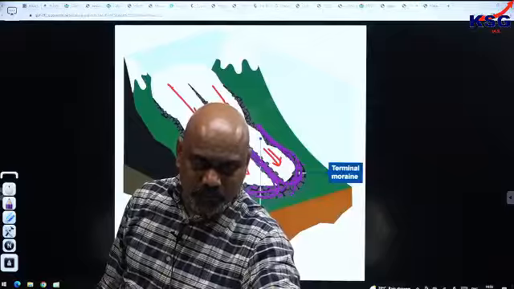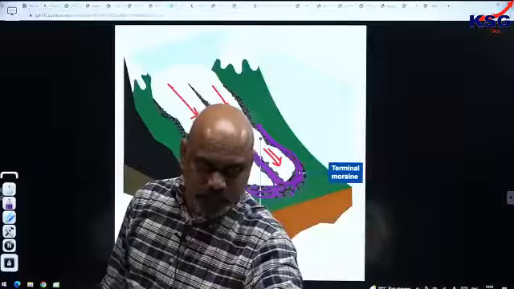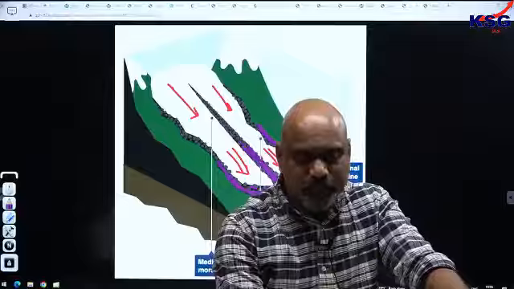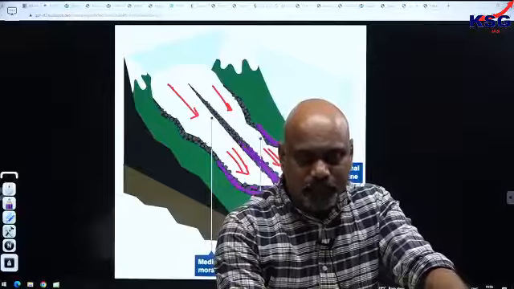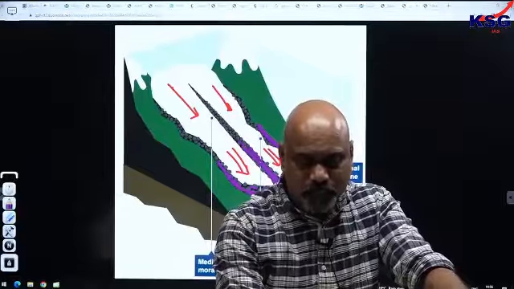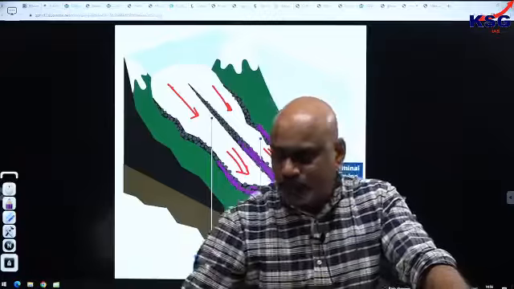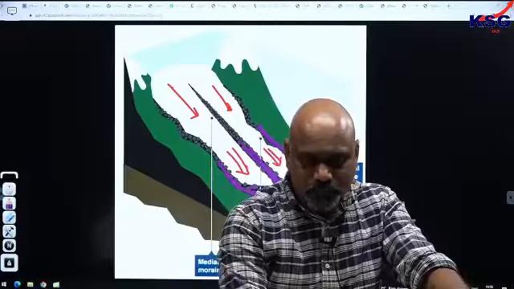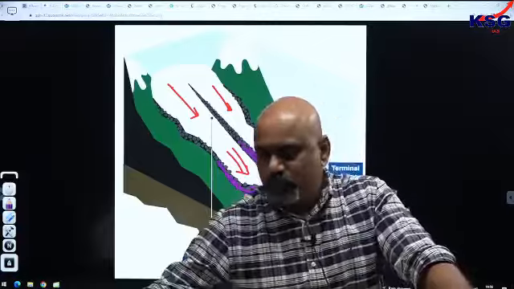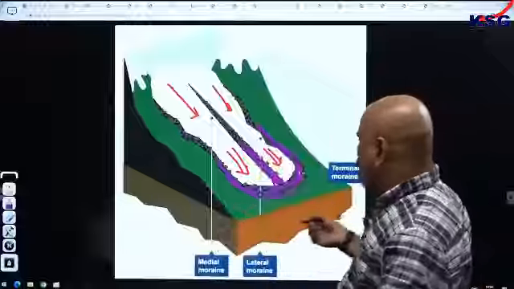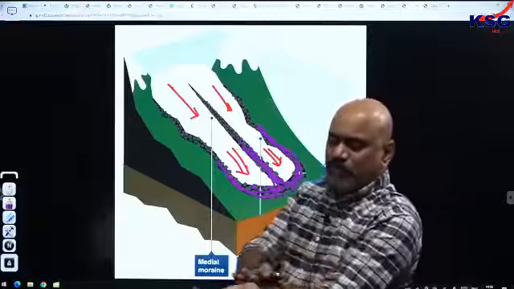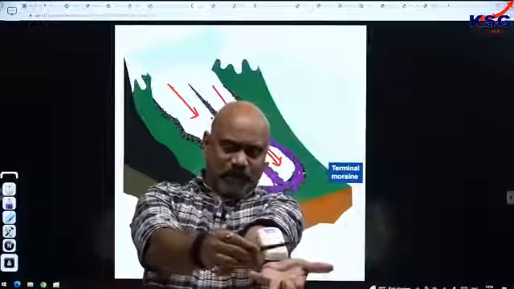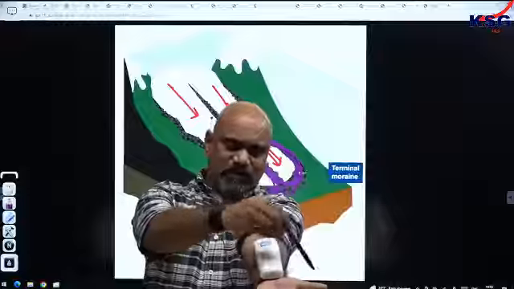I hope it is clear. Whenever a glacier moves like this, at its front sides as well as all sides you have deposits of sediment.